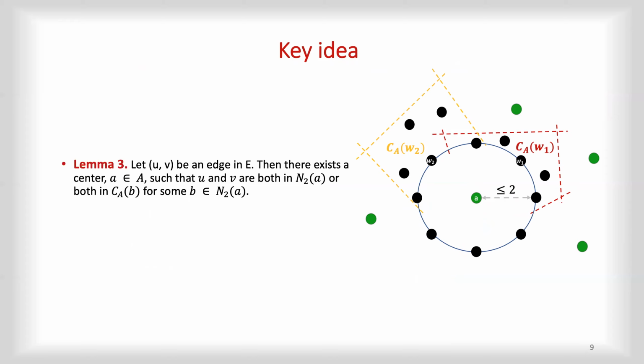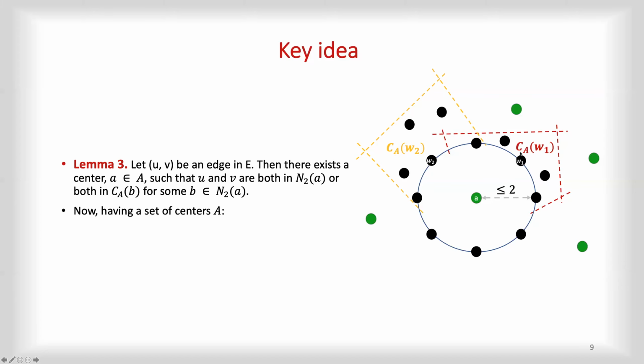Given a set of centers A, let's say there is an edge U V in E. Then we can prove that there exists a center A such that both U and V are either in the neighborhood distance of A, meaning they are in this small ball, or there exists a node with distance at most 2 from this center, for example W1 or W2, such that its cluster wholly includes the vertices U and V.